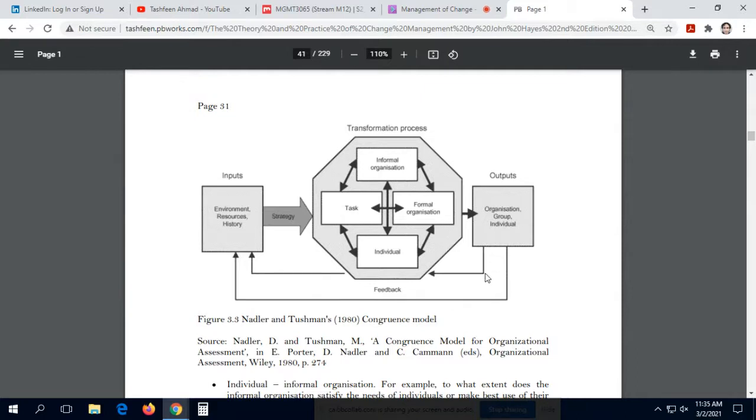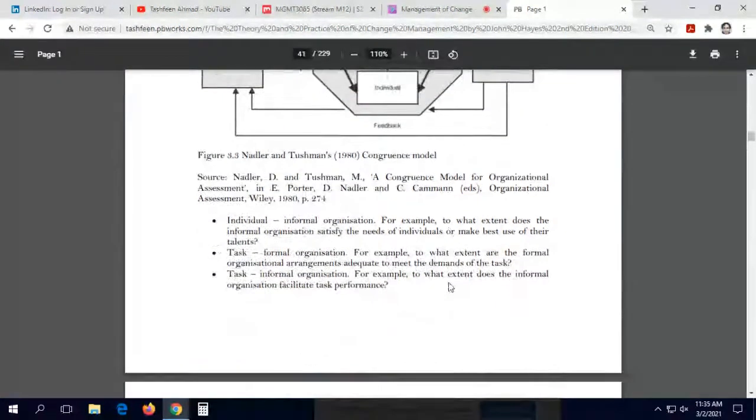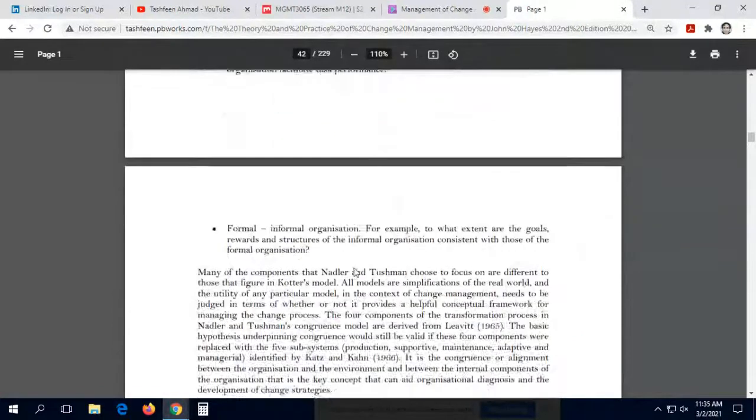And then they have given you some definitions of this, what is individual and what is task, and I'm not going to go into that. You will read that. For example, just below the picture, they explain what is task, formal organization, task, informal organization.